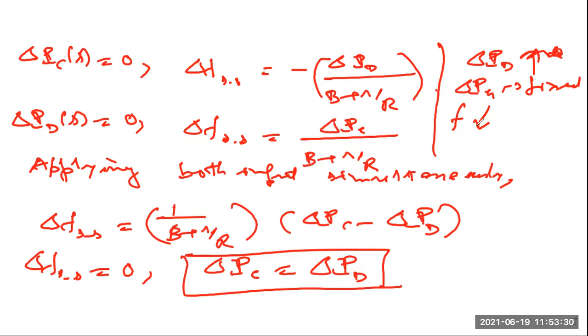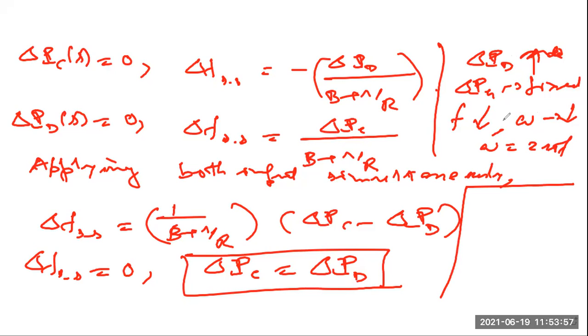So if the frequency is falling, that means your omega speed is falling. The speed of the machine will fall because omega and F are related by omega equal to 2 pi F. So if F is falling, then omega is also falling. So what will happen? We need to increase the frequency because frequency is falling. So ultimately we will need to increase the speed.